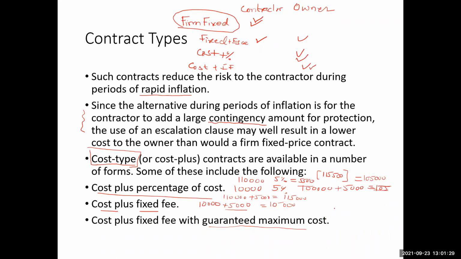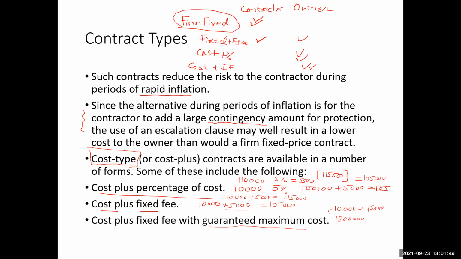For example, if the original contract is for $100,000 and the fixed fee is say 5,000, the contractor will guarantee that the cost will not increase to more than say $120,000.